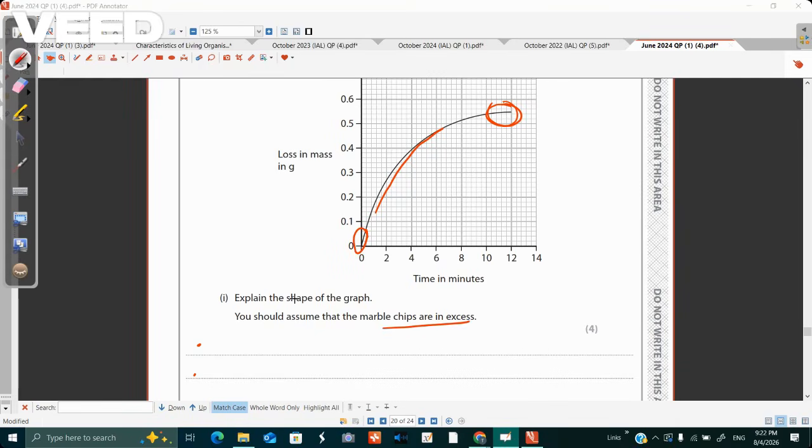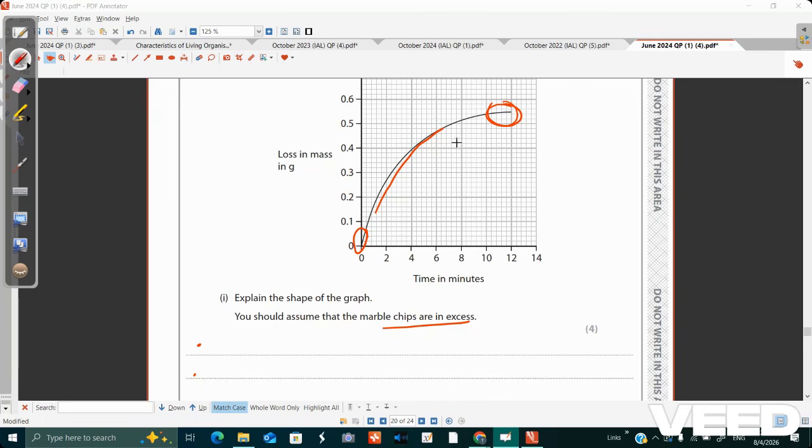So chips are not running out; you are running out of acid. Until all the acid is over, the reaction is happening. So the reaction has come to an end, and that is why there is no loss in mass. Why? Acid is limiting. Therefore, until all the acid concentration has come to an end, the reaction has occurred.